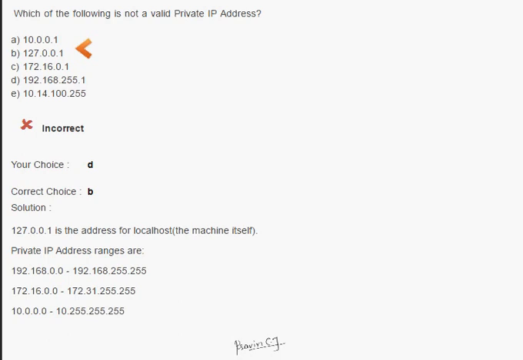So the answer for this question is 192.168.255.1, because the private IP range for class C is available under 255.255 up to 255. So option D is not a valid private IP address.